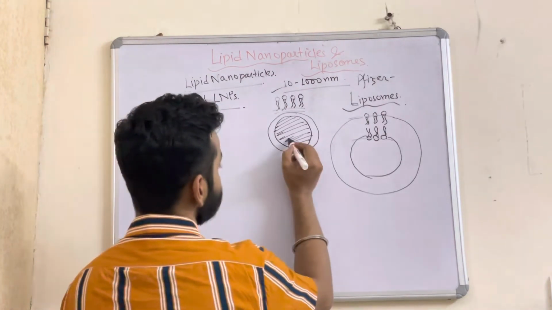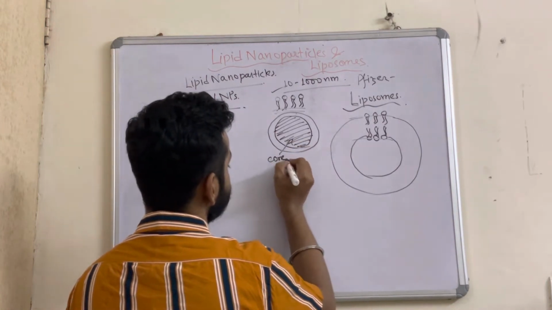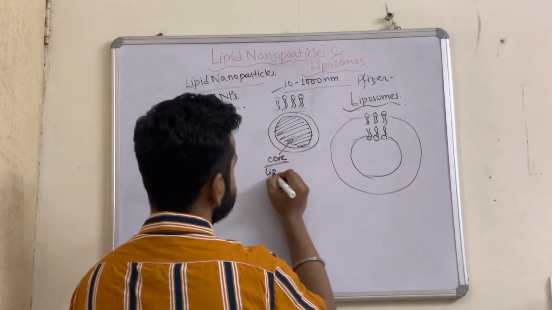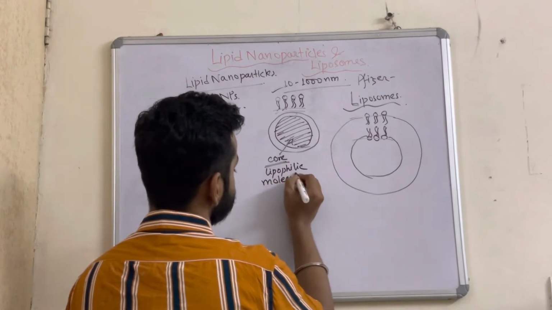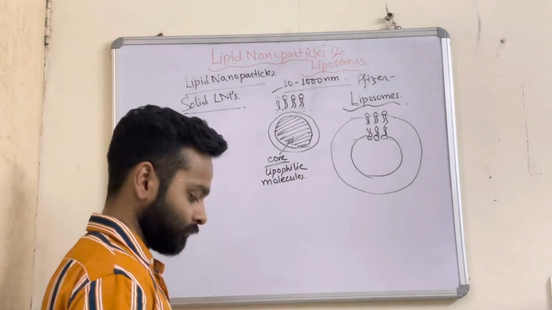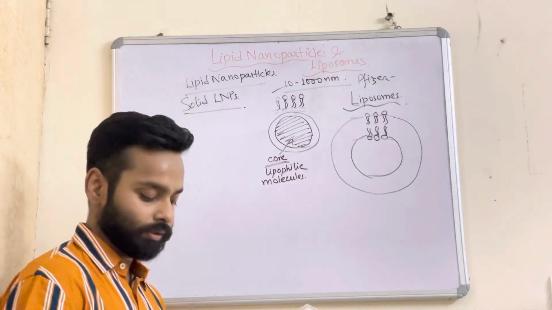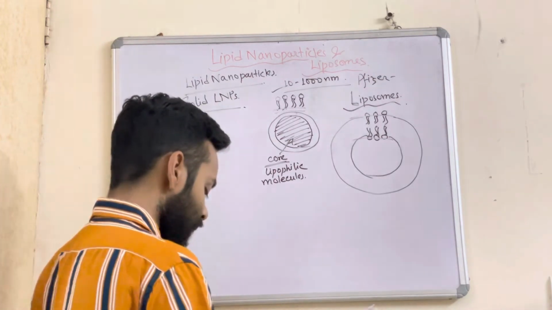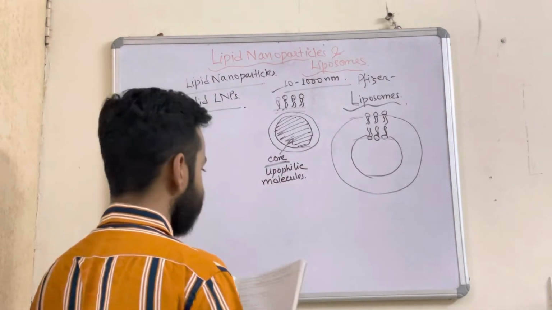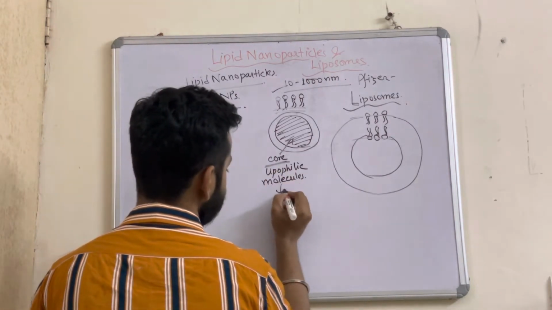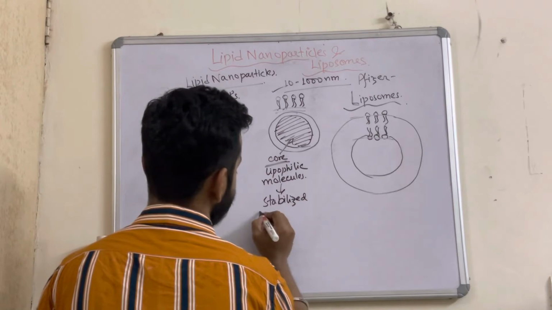So this core part will have lipophilic molecules, such as different types of drug molecules, which are lipophilic in nature. Now this lipid core will be stabilized by surfactants or emulsifiers.